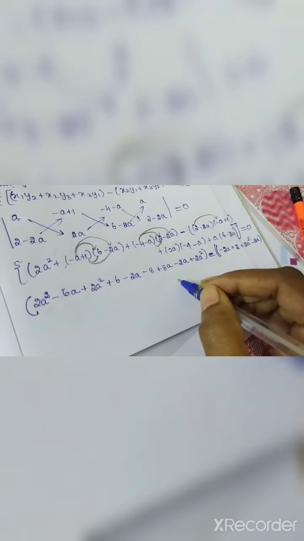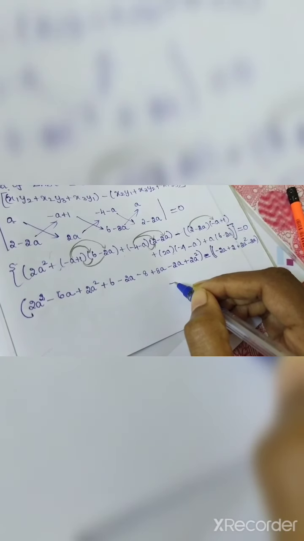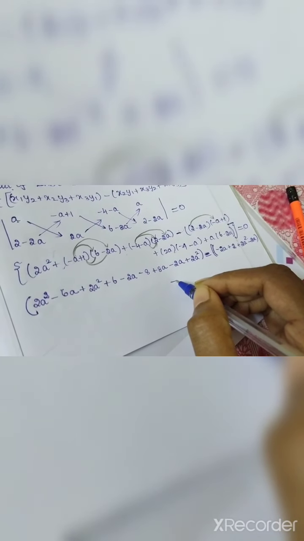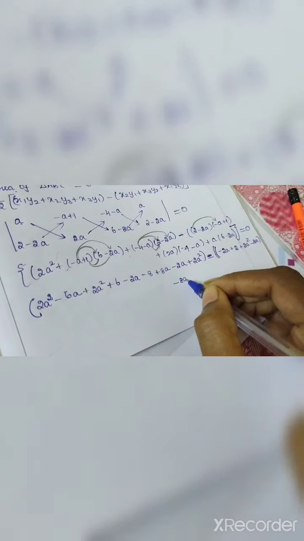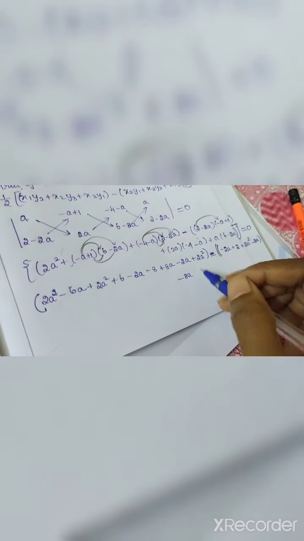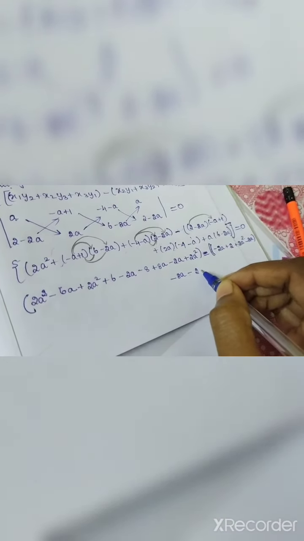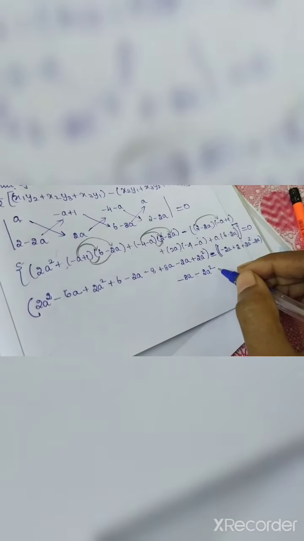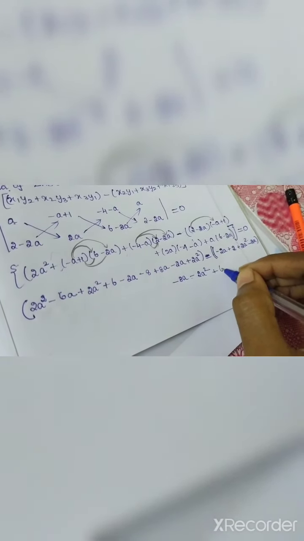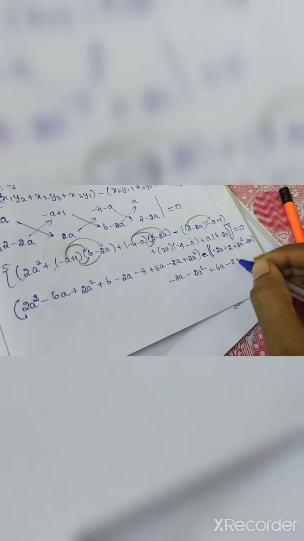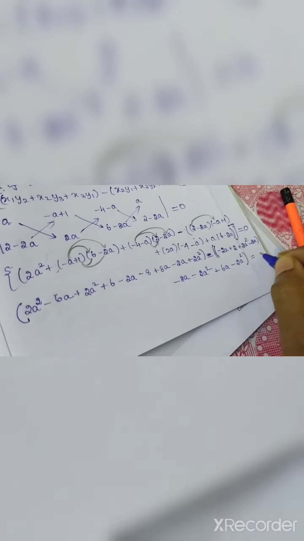And this bracket again I'm opening, only for these two. Minus 8a, this into this, minus 2a square, this term into this term, plus 6a minus 2a square equal to 0.